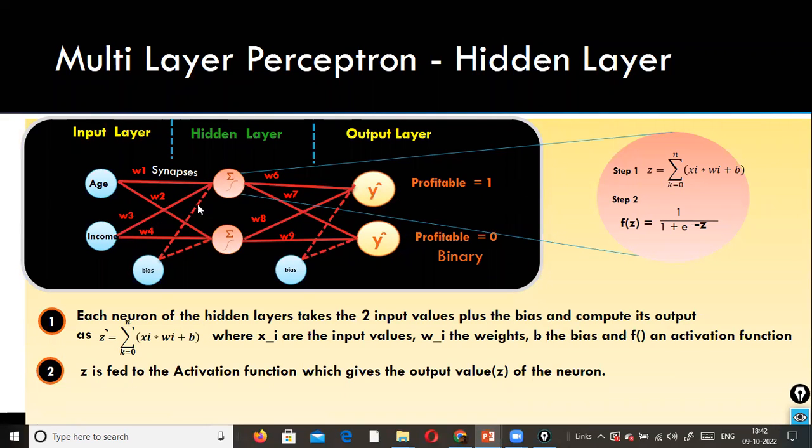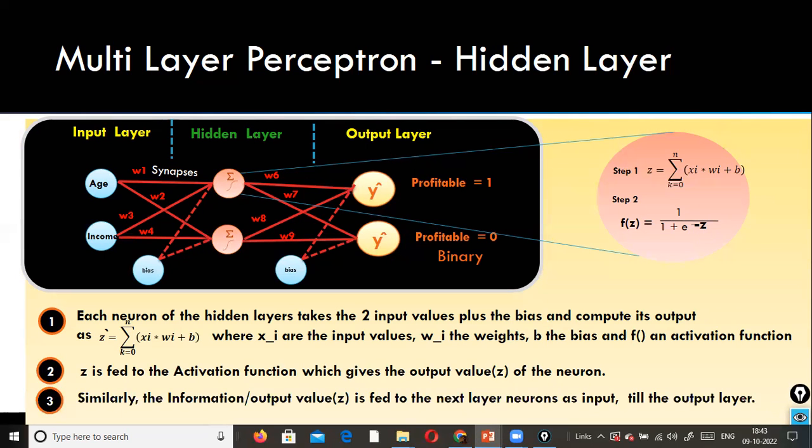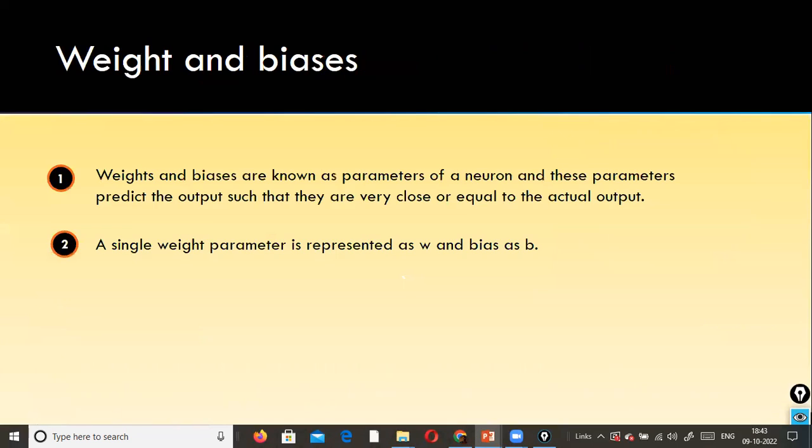Z is equivalent to W1 into age plus, to make it simple, W3 into income. The value we get is assigned to Z, and that Z is passed as an argument to f of Z, where it computes the sigmoid value, which is nothing but the probability value.